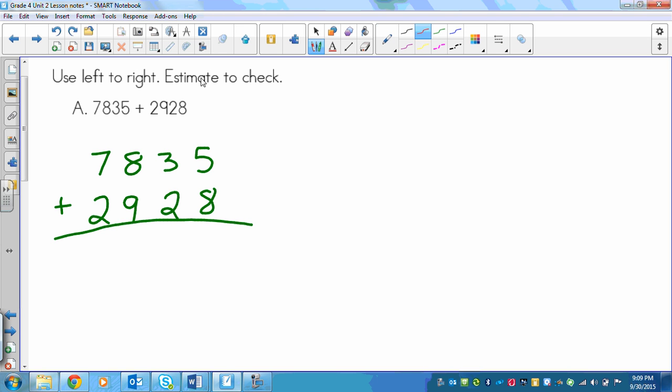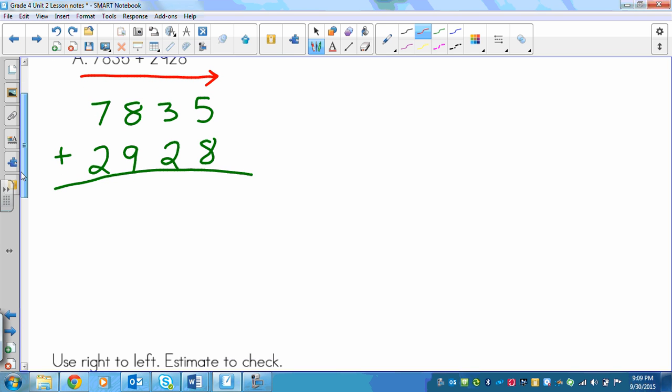All right, and we're going from left to right, so that's this direction right here. So we start over here, we're looking at the thousands place value, so 0 goes under hundreds, tens, and ones. And we will add 7 plus 2 is 9.